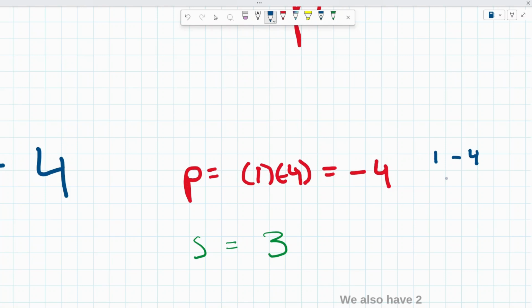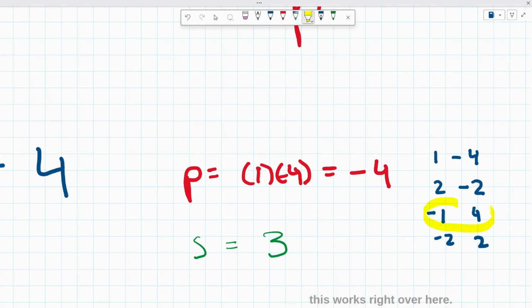We also have 2 and -2, and then we have -1 and 4, and -2 and 2. So can we find a sum from any of these numbers that equals 3? So 1 minus 4, that doesn't work. 2 minus 2, that doesn't work. But -1 plus 4, this works right over here. That means that we can use these two numbers to help us factor our problem.